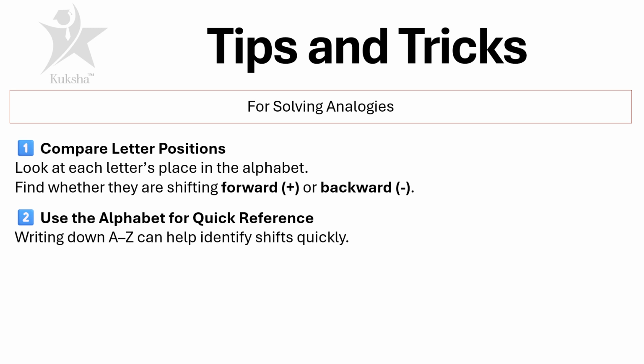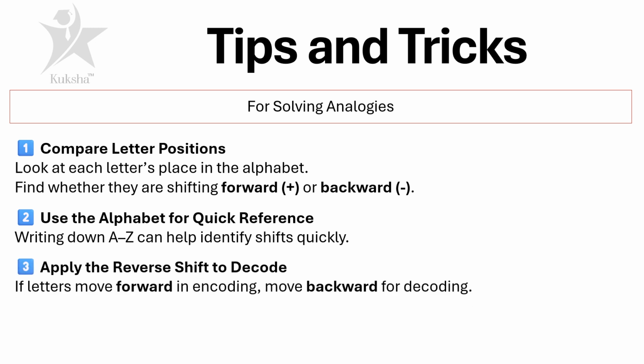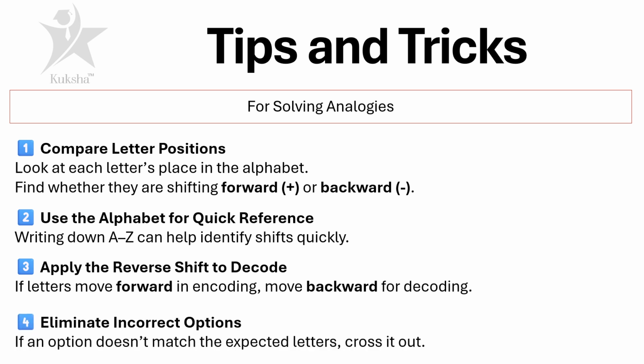Writing down A to Z can quickly help identify shifts. Apply the reverse shift to decode: if letters move forward in encoding, move backward for decoding. And eliminate incorrect options. If an option doesn't match the expected letters, just cross it out.